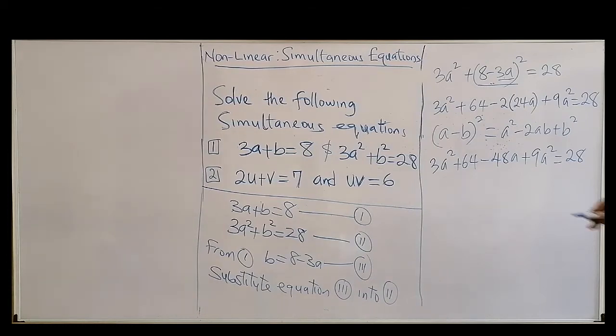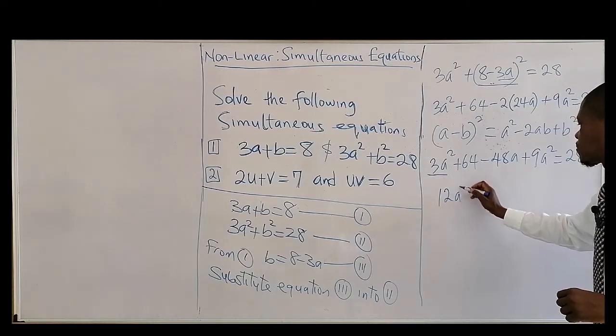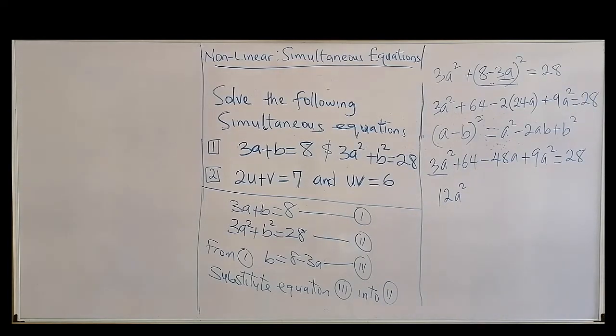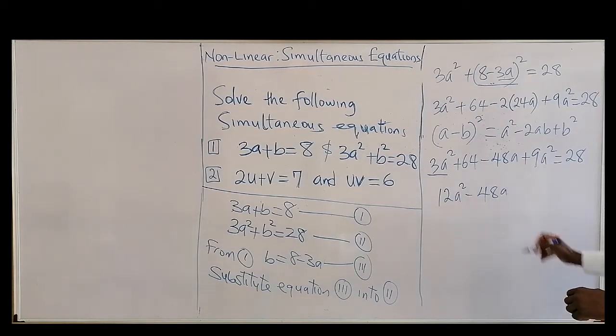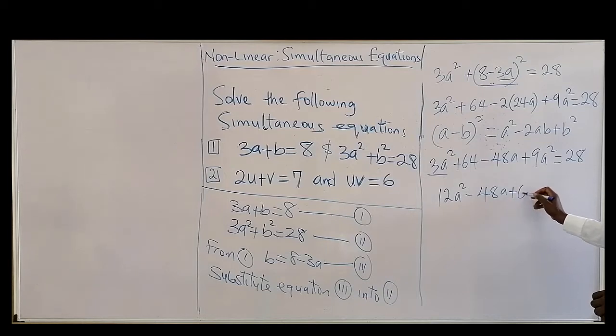So 9a squared plus 3a squared is 12a squared, minus 48a plus 64. Then move this 28 to the left hand side, so minus 28 equal to 0.